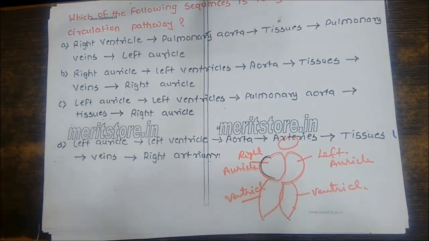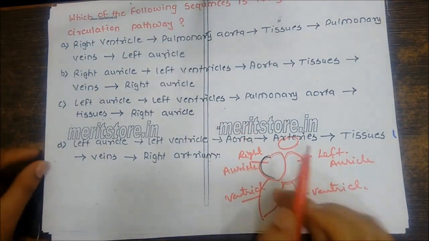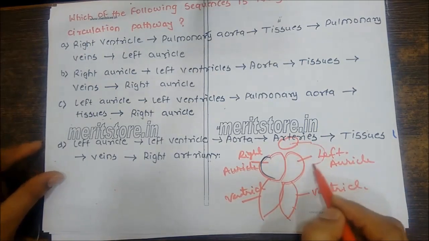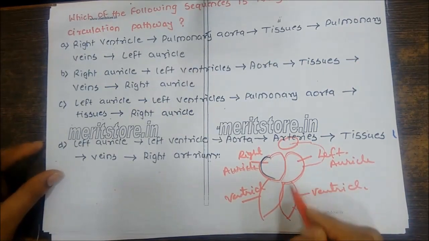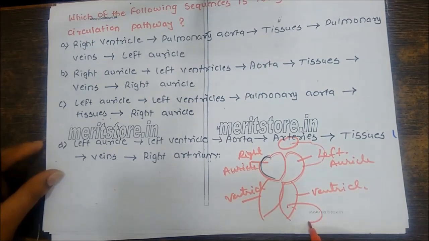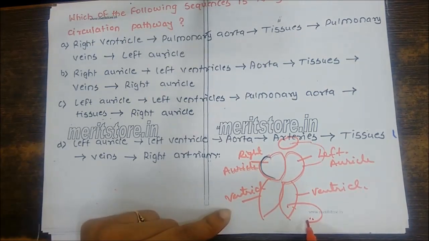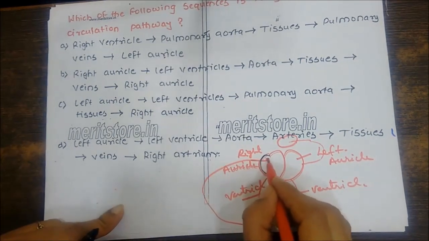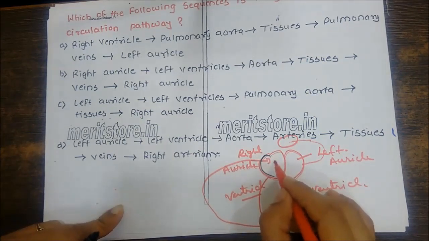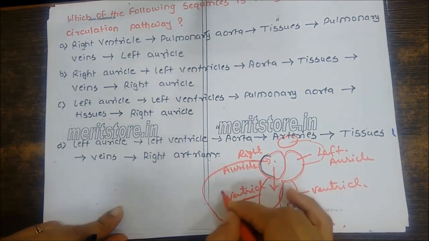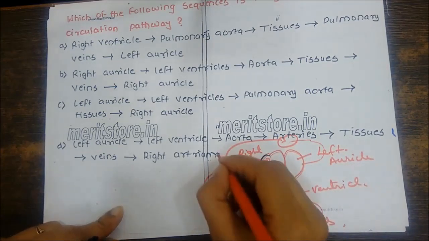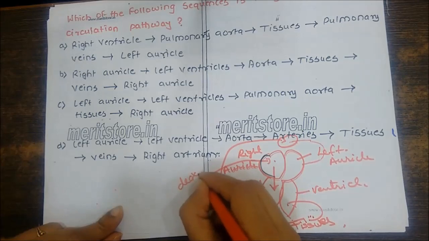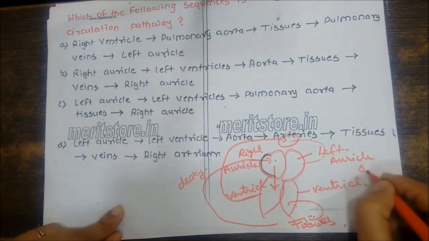So the blood will come from the pulmonary vein, and it will go to the left auricle, then from left auricle it will go into the left ventricle, then from left ventricle it goes to the aorta, and then it will supply the tissues by means of arteries, and from tissues it will go into the right auricle, and from right auricle it will go into the ventricle, and then from ventricle it will go to the lungs for purification. This side is the deoxygenated blood, and this side is the oxygenated blood.